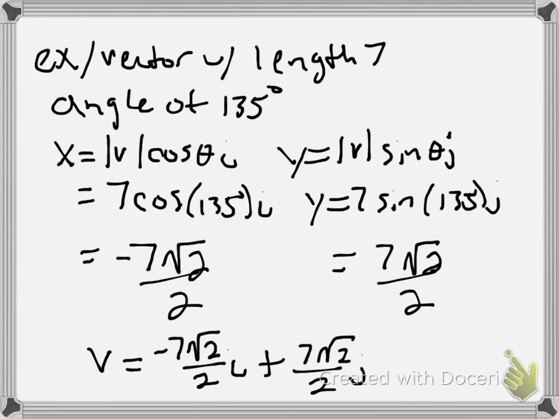Now, there are going to be times where we don't actually know our angle, and we're going to look at one of those here in just a second. Say I have a vector that travels from the origin to (3, 5).